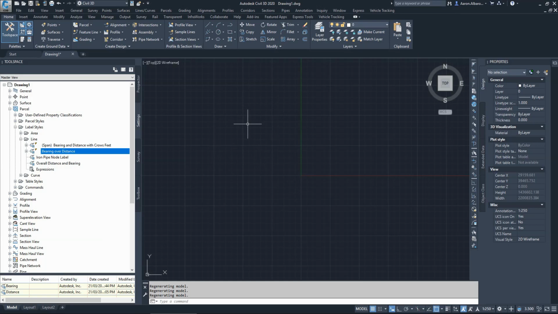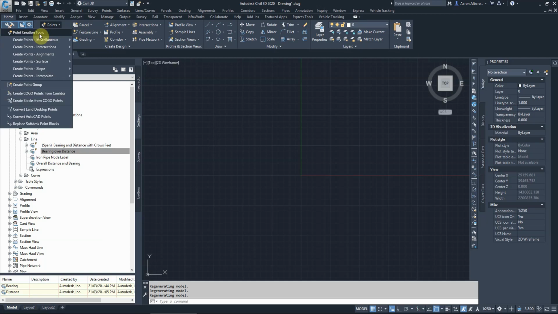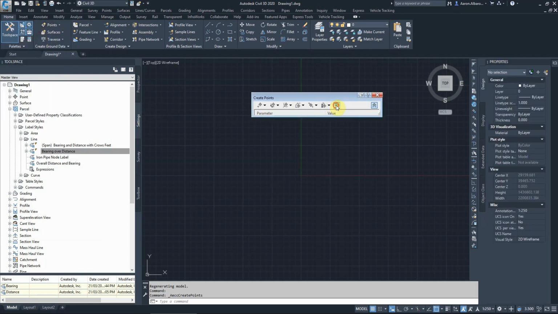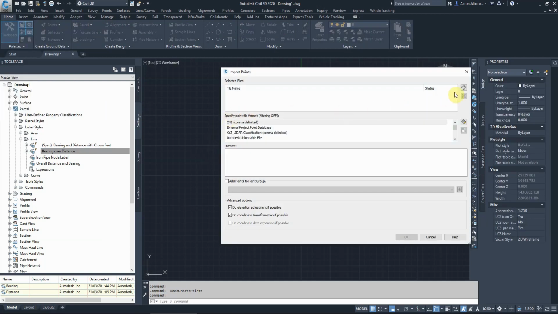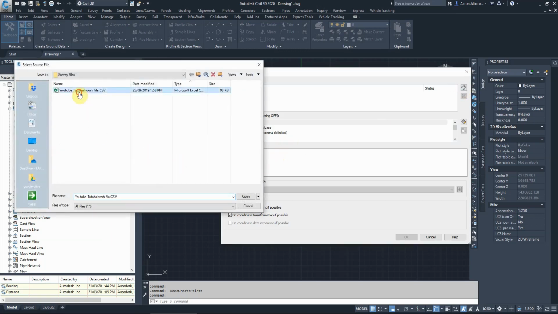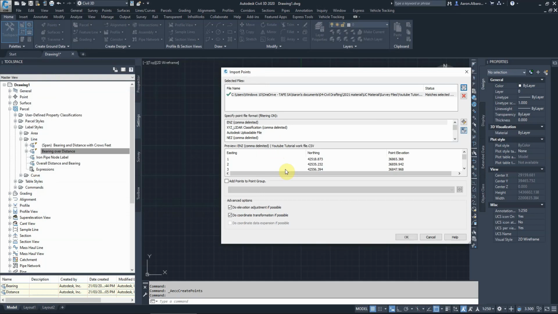Why and how do we use this? Later on, as you will see, that will be our starting point. That's how we will define surfaces. So just to show you an example, here are points that I'm going to import to the software from a surveyor. Each one of these points has easting and northing components.